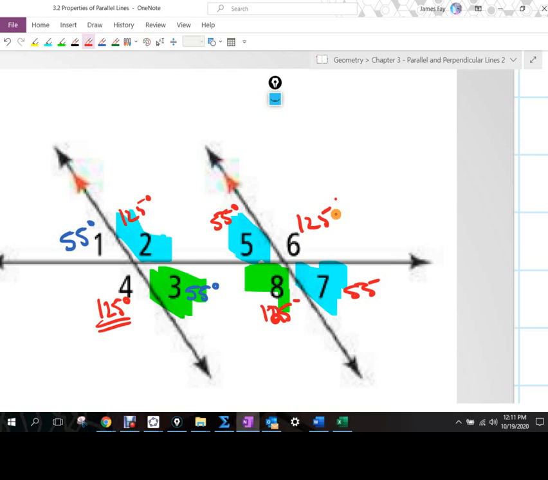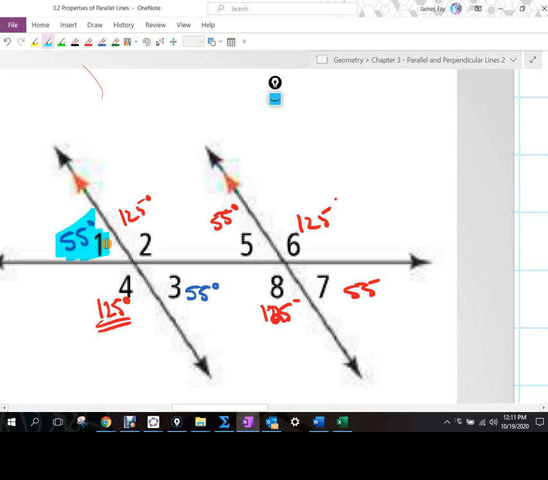Now here's my question. Now that we did that with that specific case, using 55 and 125, what can you tell me about that angle right there and that angle right there? What's the relationship between their measurements? They're equal, right?